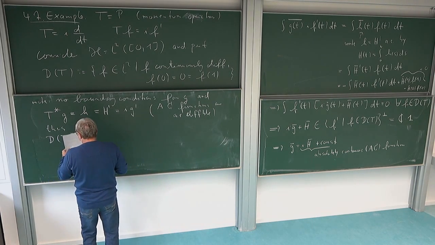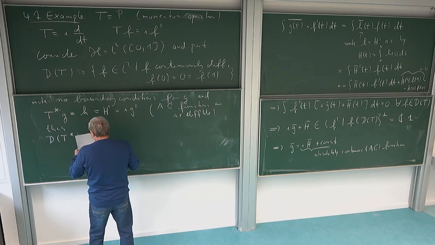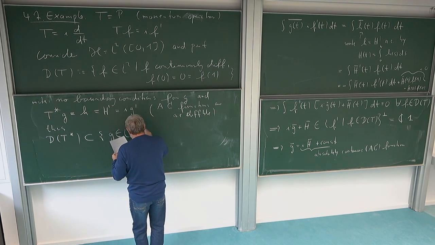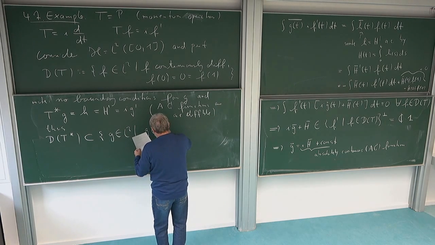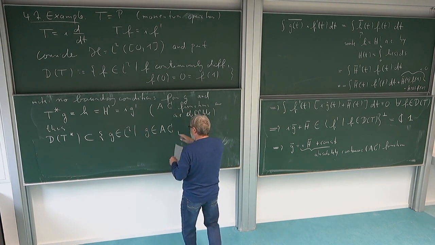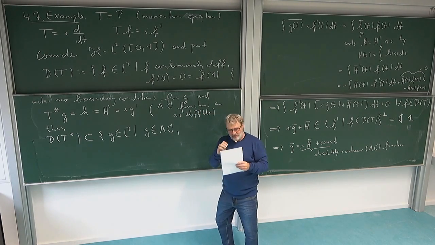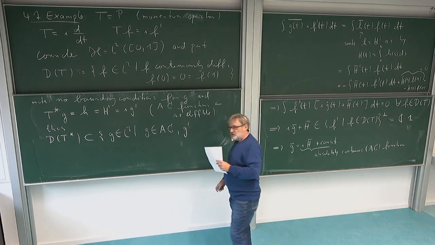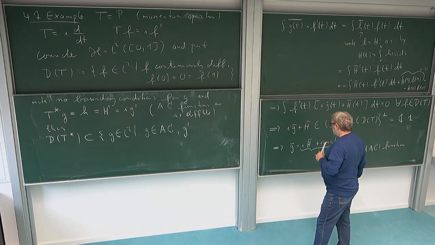So let me write here, it's a subset of the G's which are of course in L2. G should be absolutely continuous, and of course the derivative, so absolutely continuous guarantees that the derivative exists almost everywhere. So we have a G prime, but of course the G prime must also be in L2.